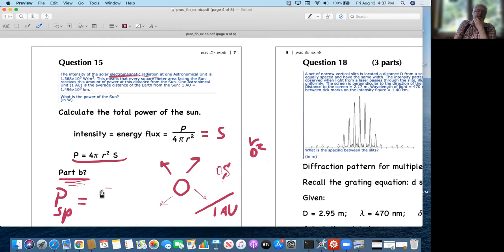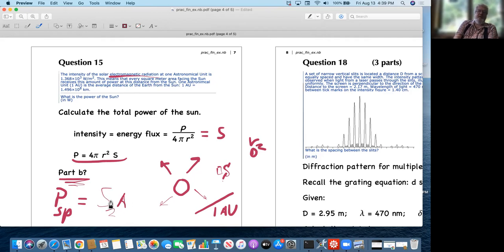That'll be the intensity at that distance times the area. Because remember, intensity is power per unit area. So intensity times area gives you power. And just one little more wrinkle in the problem, it also says the solar panel has a certain efficiency. So this will be the total power hitting the solar panel, but the satellite doesn't get to use all that power.